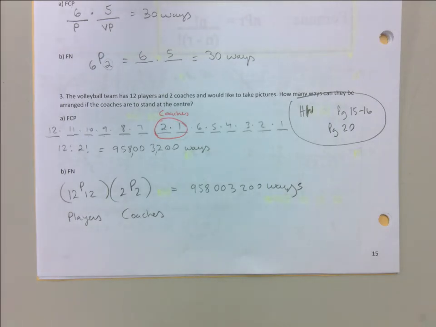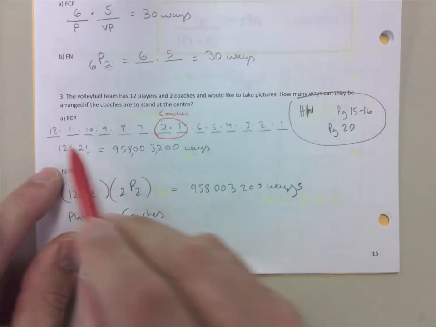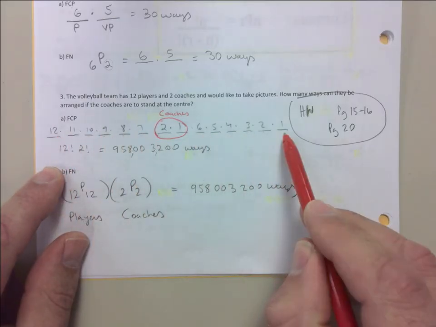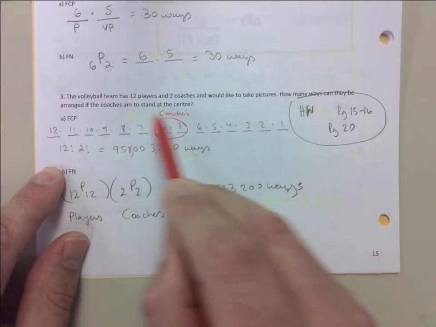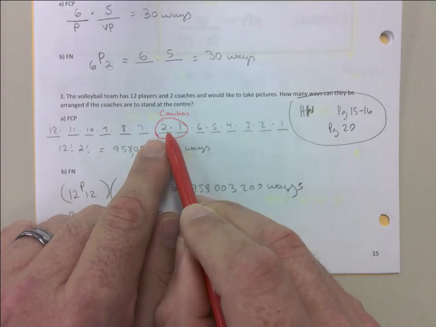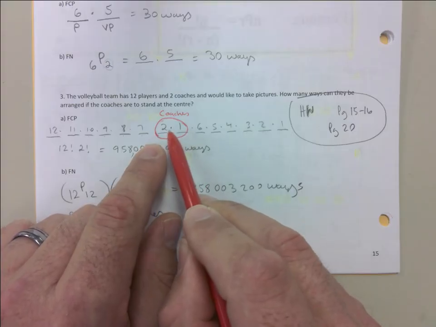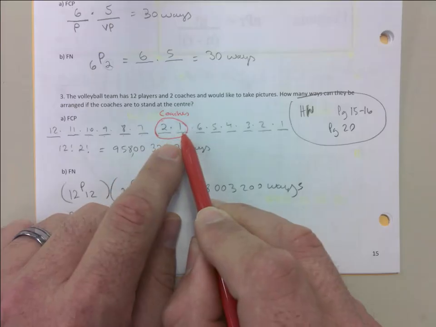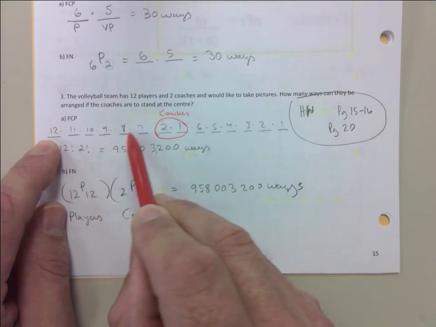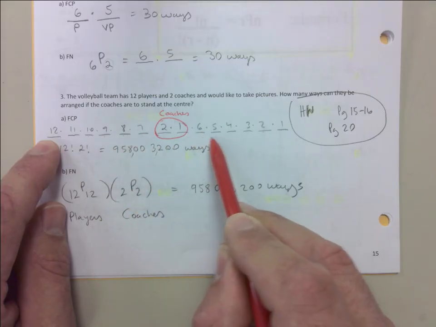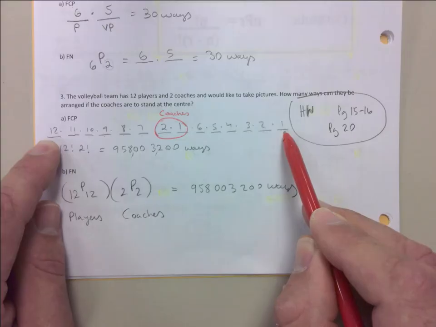We're assuming it's all of them. So you have 12 slots for the players and 2 slots for the coaches, so 14 altogether. We do the coaches first, 2, 1: there's 2 to fill in that first slot and then just 1 for the second. And then we start with our players: 12, it goes to 7 here and then all the way to 1 on the other side.